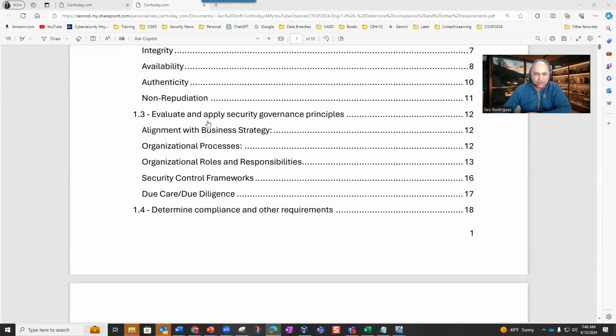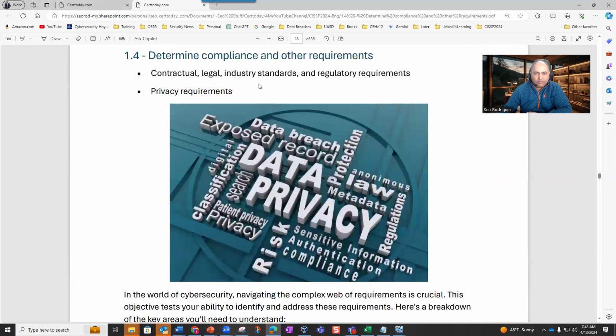In the previous lesson, if you are following along, we covered objective 1.3, evaluate and apply security governance principles. In this one, we are going to cover objective 1.4, determine compliance and other requirements.